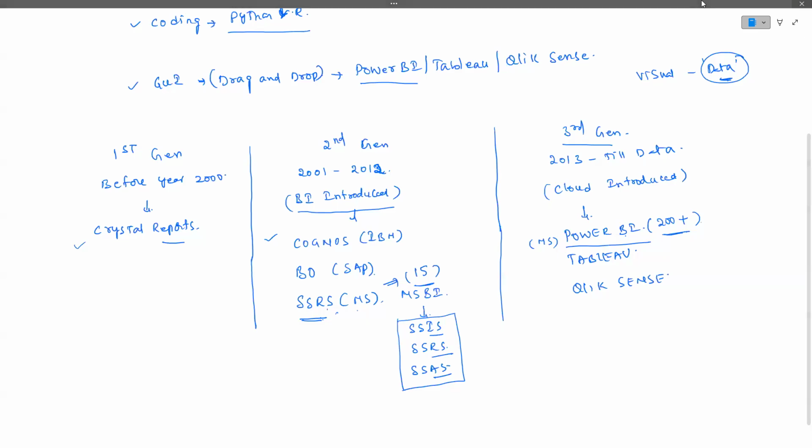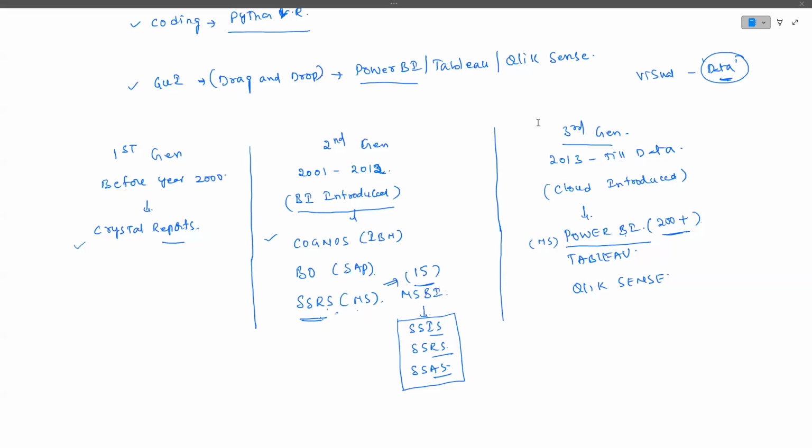This is somewhat about the history of data visualization software. First generation reporting tools, before 2000, very long back, 25 years back, we used to use Crystal Reports. Second generation reporting tools, mainly designed for supporting business intelligence, BI: Cognos, Business Objects, SAP, SSRS, MicroStrategy. These are second generation reporting tools.